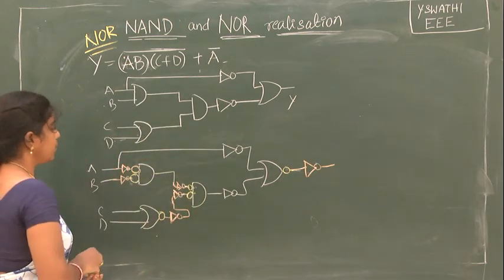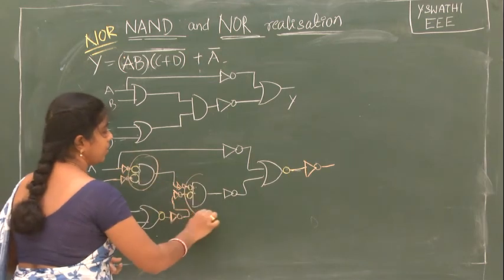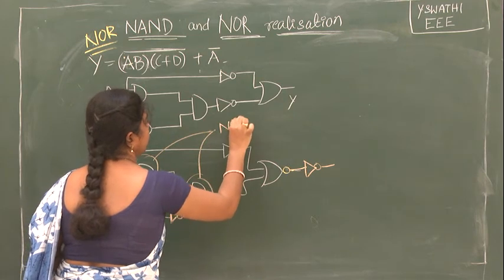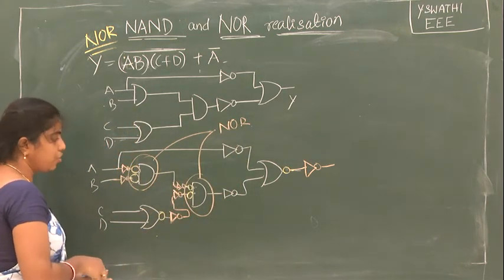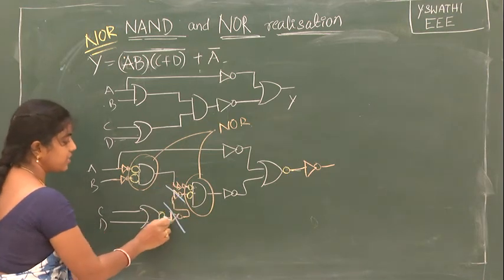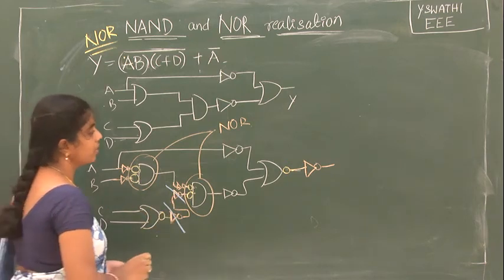Now after that, you have to represent the bubbled AND gate with a NOR gate, and we should drop the double inverters in the same line. I have two inverters in the same line, so I have dropped these two inverters.